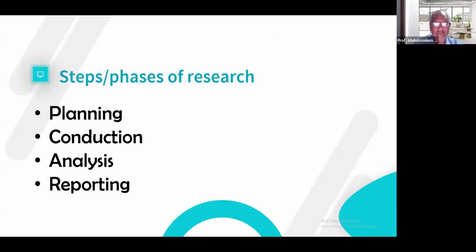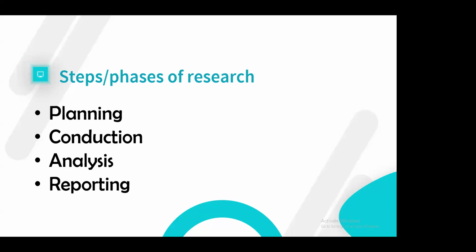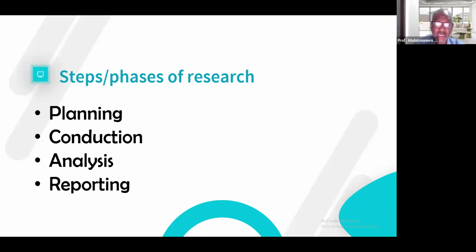So I am going to base my navigation of AI in research on these 4 steps. So when you start planning, how are you going to use AI when you are planning? When you are conducting the research and collecting data, the data collection phase, how do you use AI tools? And then when you deal with the collected data, you want to visualize it, analyze it.